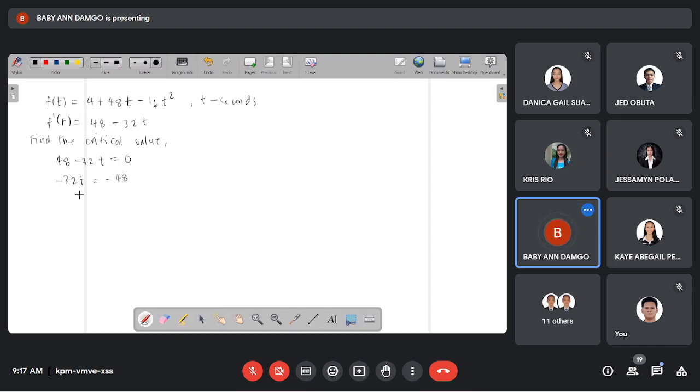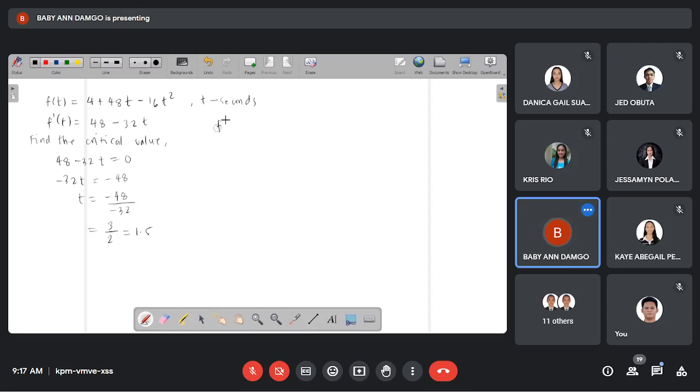So t here is negative 48 over negative 32. So this is divisible by 16. So we have 16 times 3 is 48, 16 times 2 is 32, which is 1.5. No?